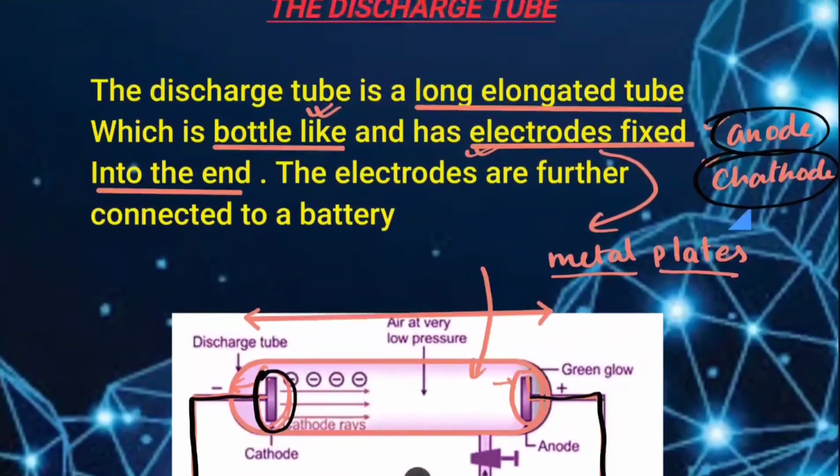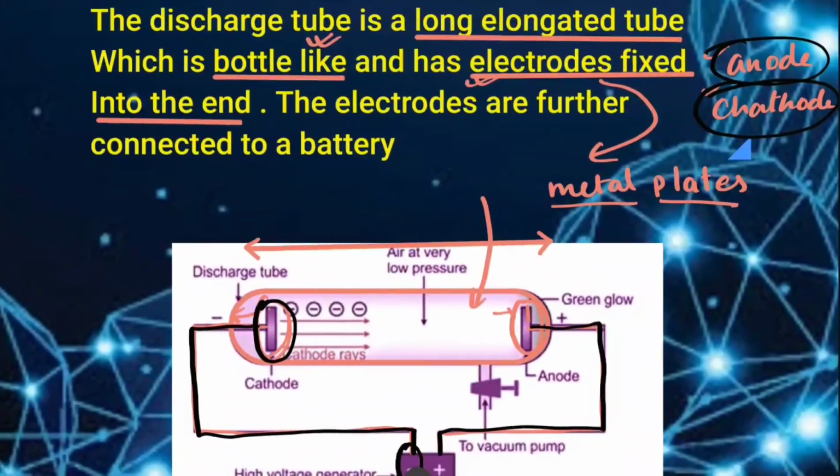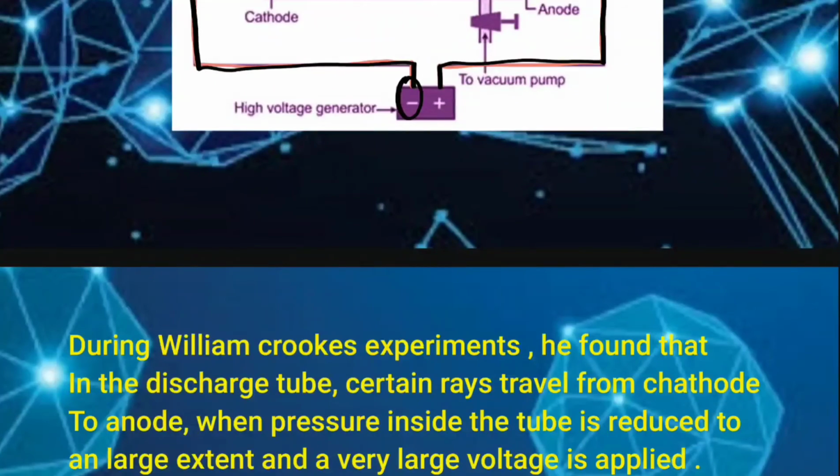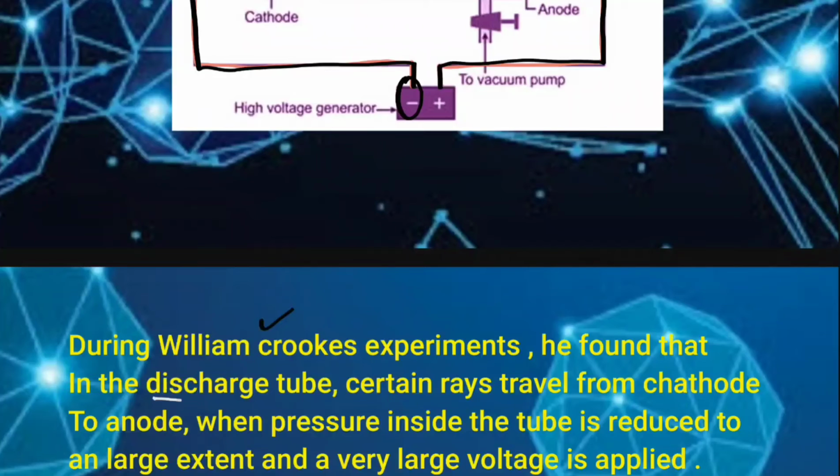Now let's look at what effect was produced. One of William Crookes' experiments: he was the first to design this discharge tube, and in one of his experiments he found that in the discharge tube certain rays appear.